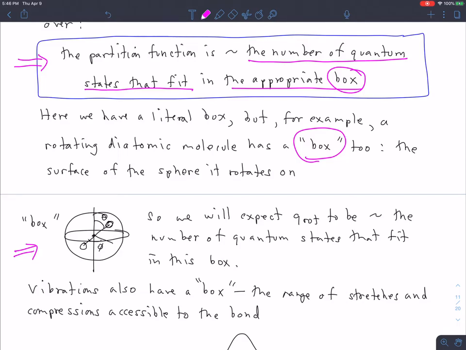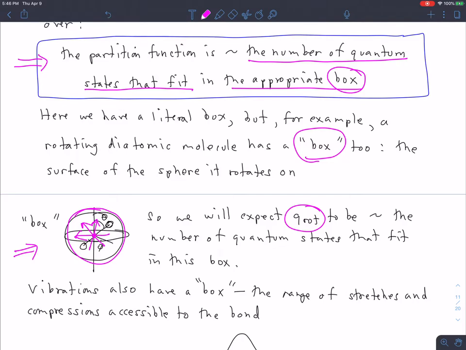For rotations, for example, the molecule can spin around on its axis, but it's always going to be on the surface of a sphere as it's spinning. The two ends will be on the surface of a sphere as it's spinning. And so the box is that sphere. The rotational partition function will be the number of quantum states that fits into that box.